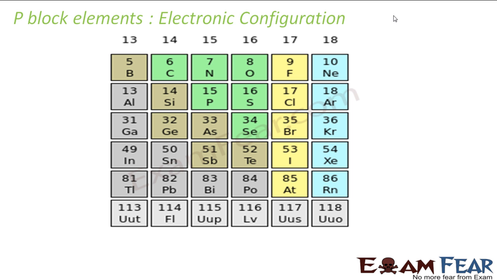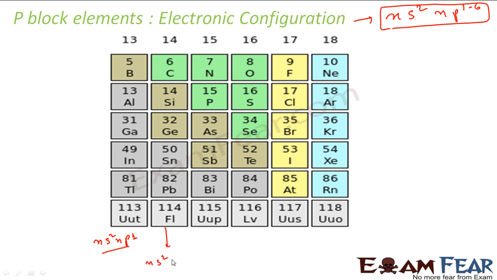As I told, the electronic configuration for P block is ns2 np1 to 6, right? There is a general electronic configuration for P block elements. For group 13, the general electronic configuration is ns2 np1. Similarly, for group 14, it is ns2 np2.